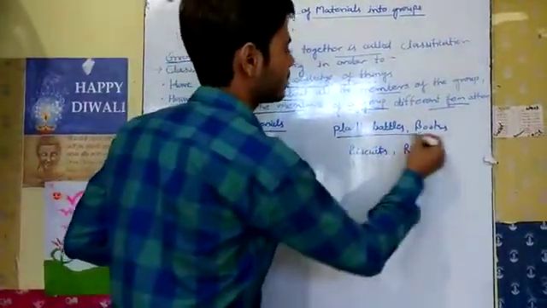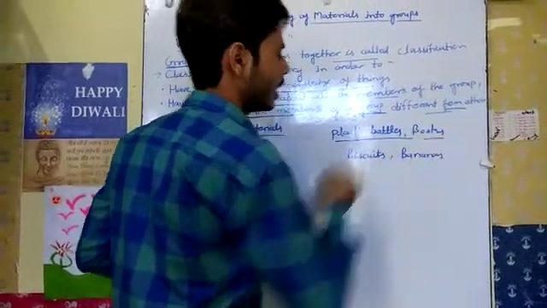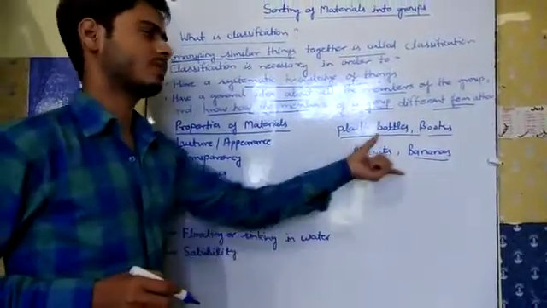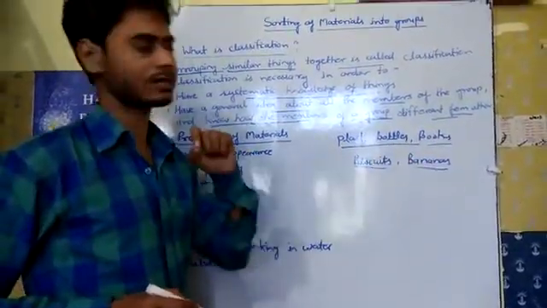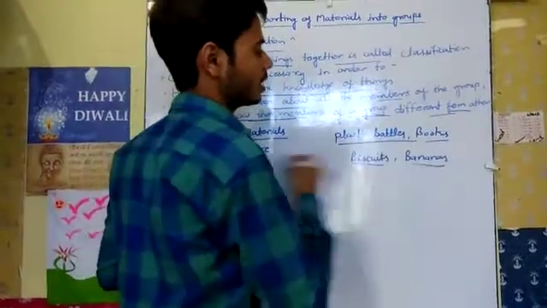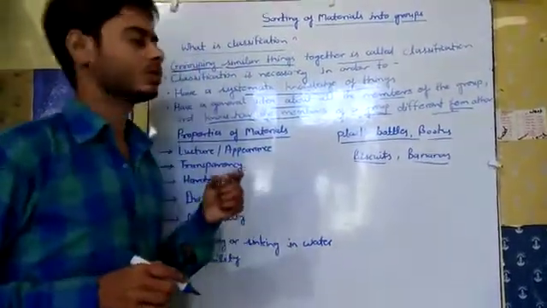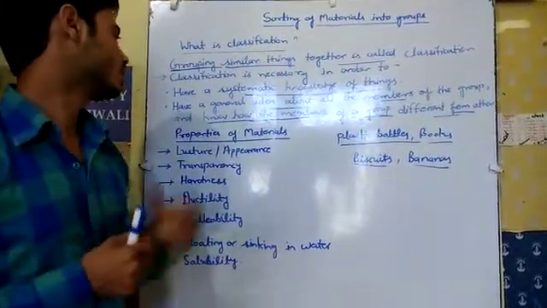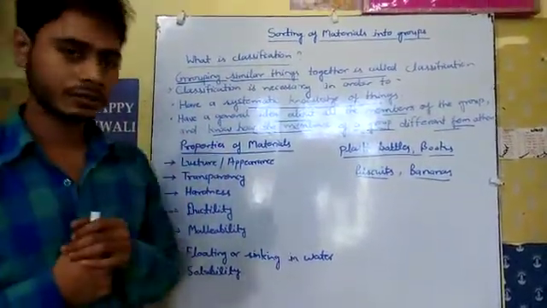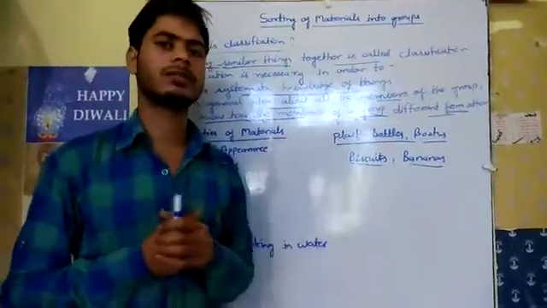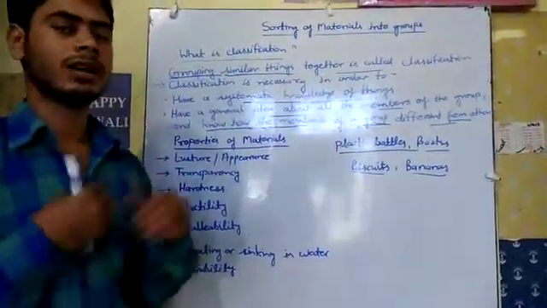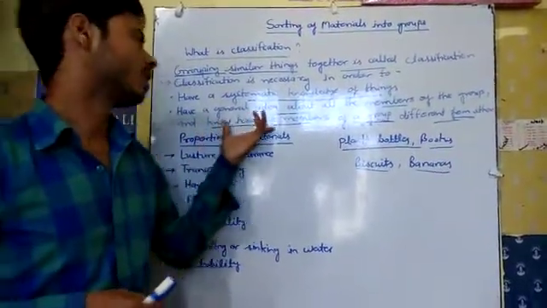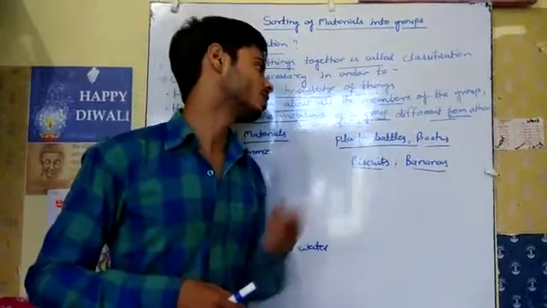We can say the plastic bottle and books are different from the biscuits and bananas, because biscuits and bananas are edible substances and the plastic bottle and the books are not edible. So we categorize objects into different groups on the basis of similarities. It is very important to know how the members of a group are different from others.